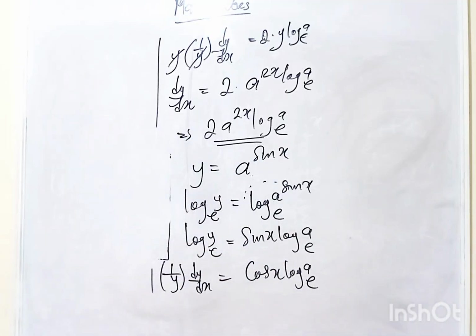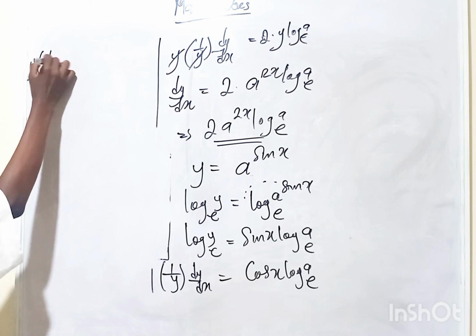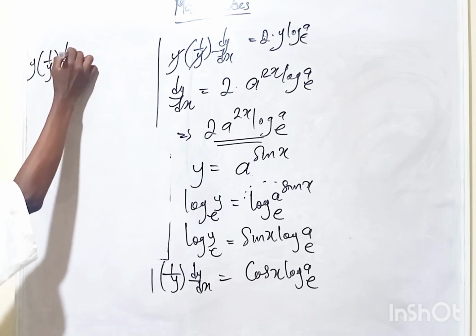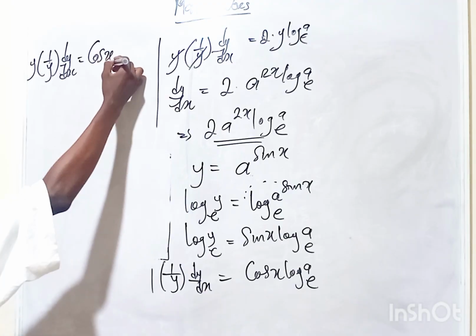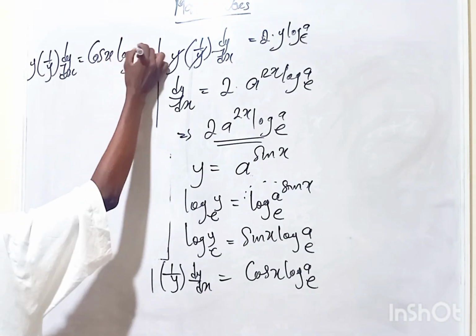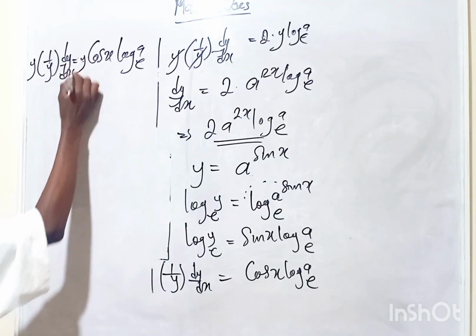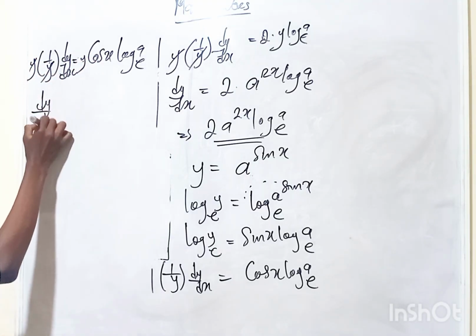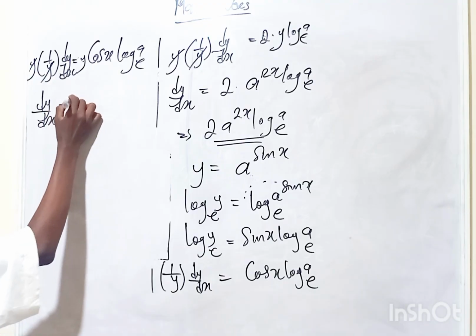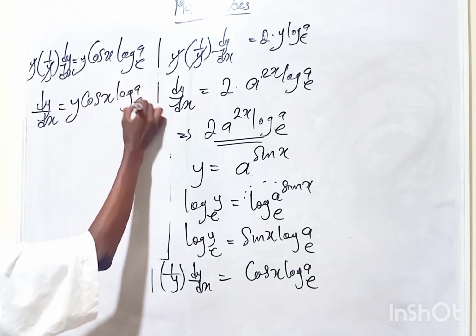From here, we'll multiply y to both sides. But we are multiplying y to both sides, so add y there. So y here can cancel out y, and we have dy over dx equals y cos x log a base e.